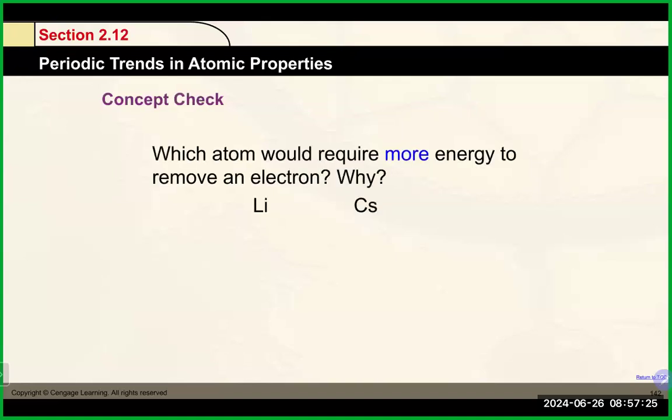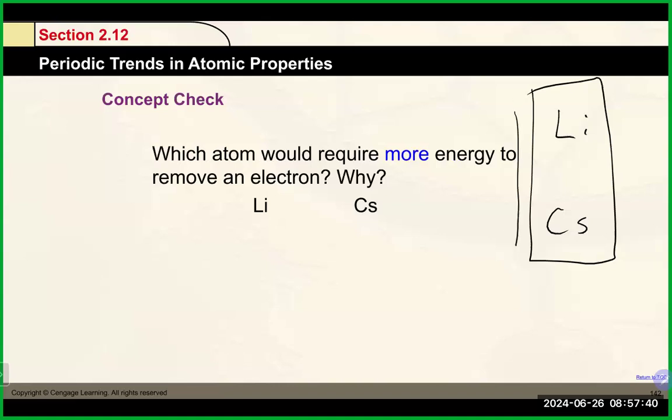Which one would require more energy to remove, lithium or cesium? They are in the same group on the periodic table. Cesium is further down, and ionization energy decreases as you go left and down on the periodic table, which means lithium should require more energy.